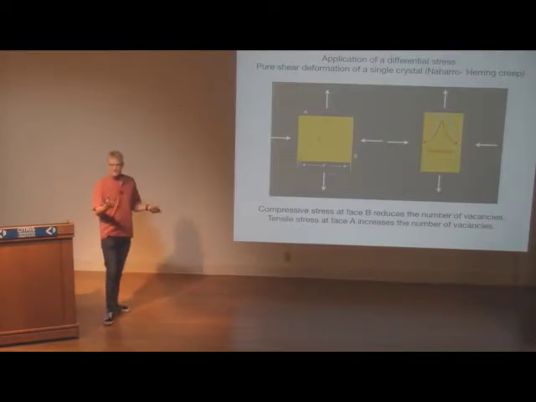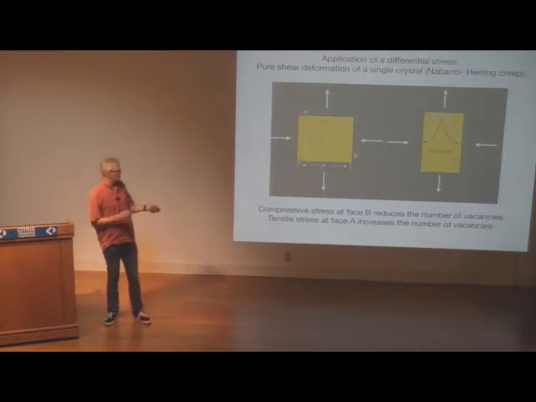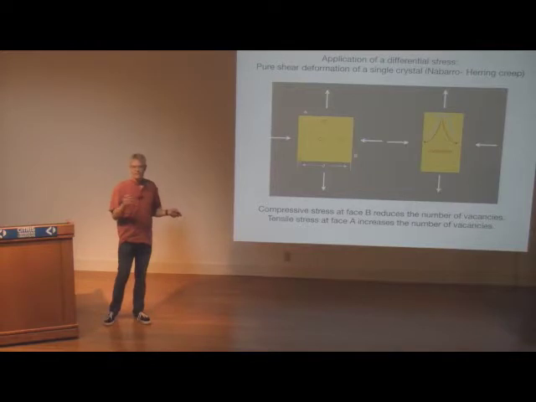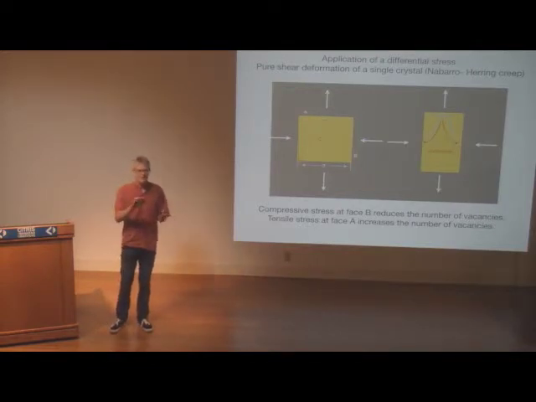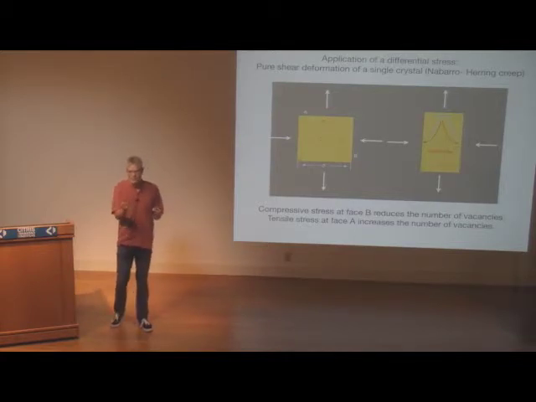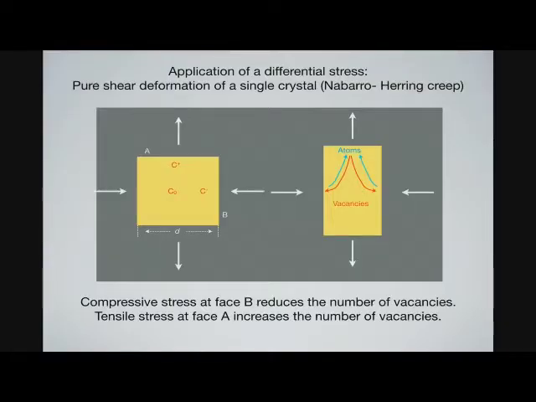So that stress difference between one side under compression and one side under tension affects the concentration of defects, right? Because we said defects have something to do with energetics, energetically favorable, what is the energy penalty? As you introduce this non-hydrostatic stress, the energy penalty changes such that under compression, you have a lower number of vacancies.